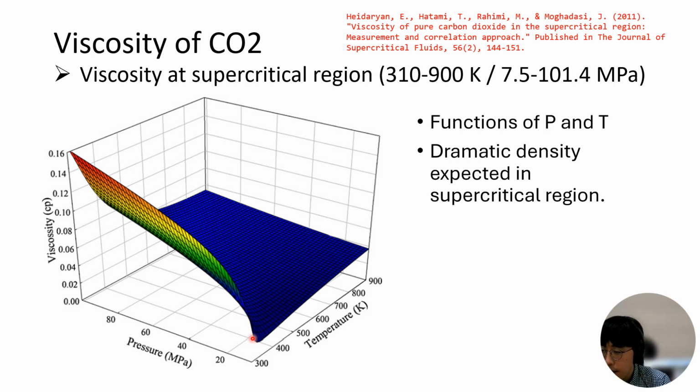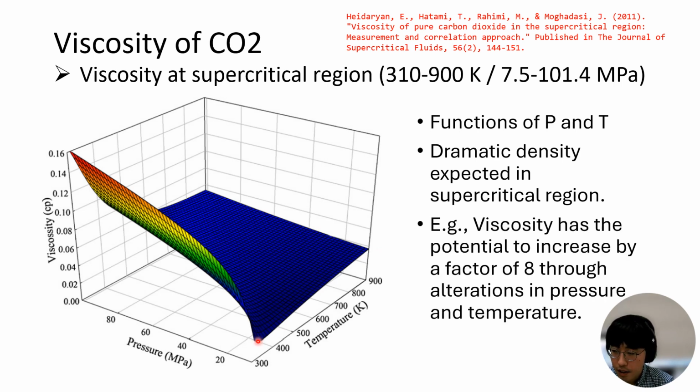And again, it has very huge changes, probably from here to here in the supercritical region. The maximum of the supercritical CO2's viscosity is 0.16, and the minimum is about 0.02. So viscosity has the potential to increase by a factor of 8, with alteration in the pressure and temperature. So from here to here, it increased by 8 times.